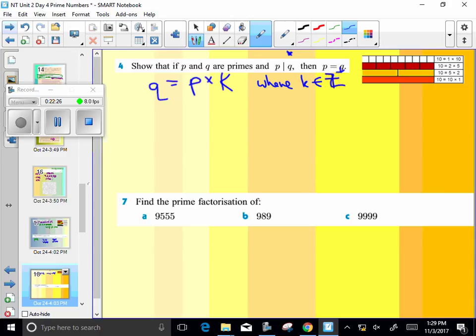So if this is the case, what if K were 2 or 3 or 4? If K was greater than 1, then Q would be a composite.